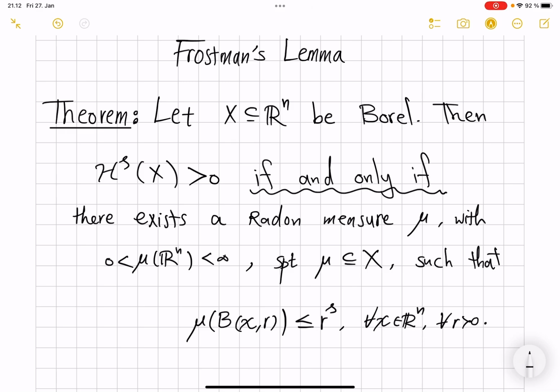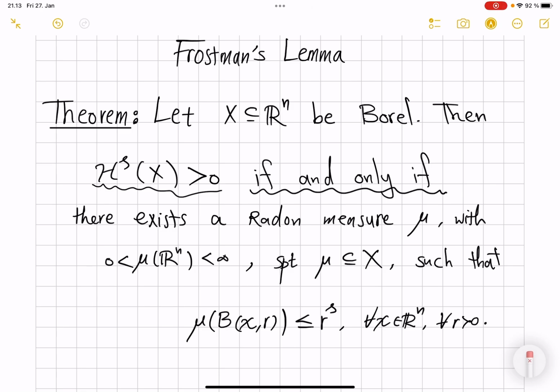So this is both ways. In the other direction, if you succeed in finding such a measure, then you immediately see that this is positive, from which you can also conclude, and that will be the application for today, that the dimension of the set X is at least S.